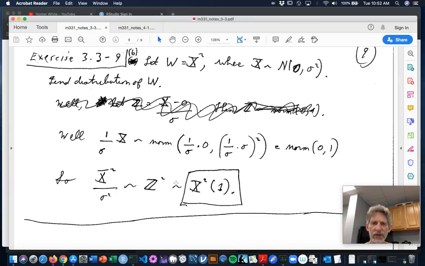We're actually not finished with this problem, because we need to know what would be the distribution of sigma squared times a chi-square 1 random variable. So that's still something to think about, and we'll probably figure it out.